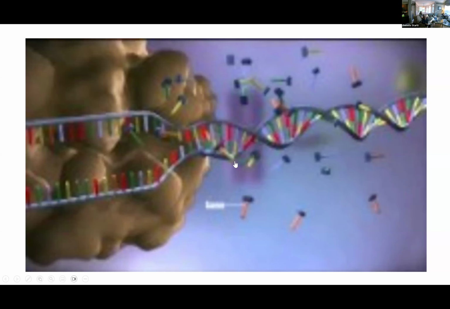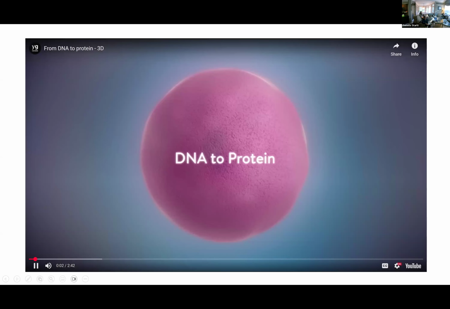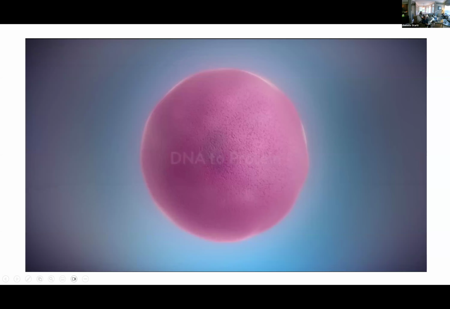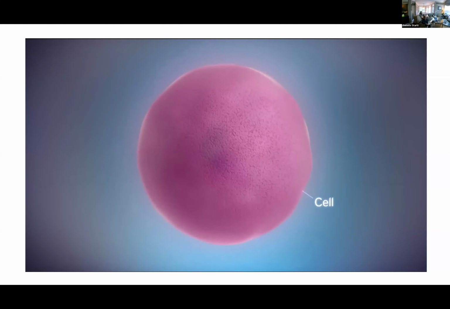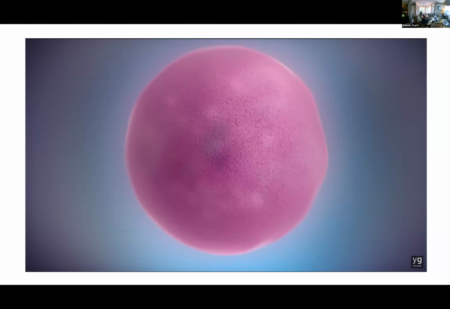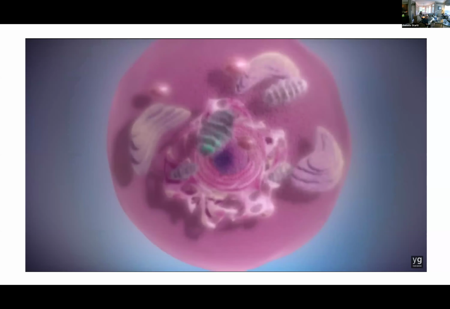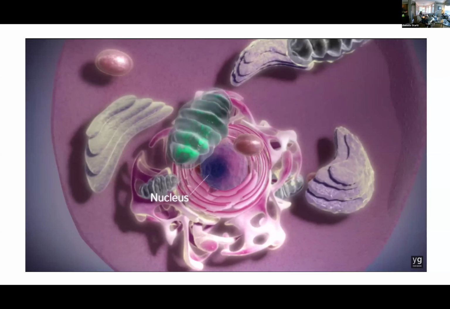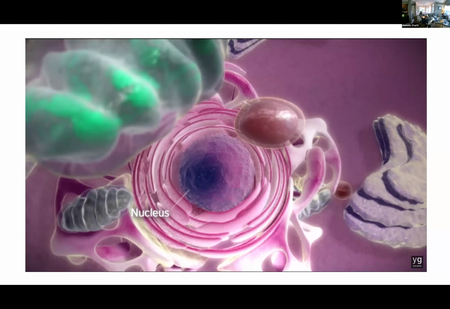All right, so here's how it works, what we were talking about. And you can see watching this, it's complicated. So you can see how mistakes could happen. Here is a cell, the basic unit of all living tissue. In most human cells, there is a structure called the nucleus. The nucleus contains the genome.